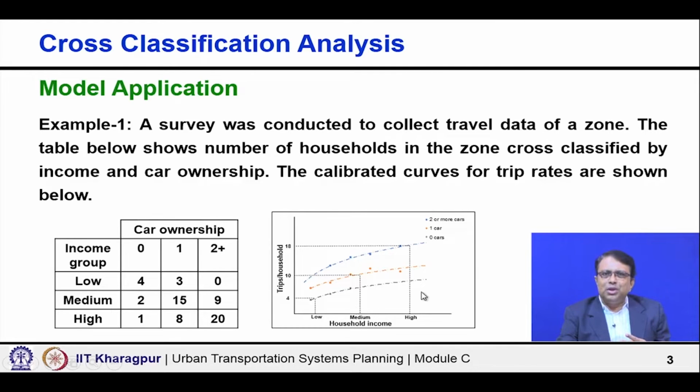Each curve represents one particular car ownership category, the x axis represents the income group low, medium, high, and the y axis represents trips per household. So, we know the trip rates, and we know the number of households there.